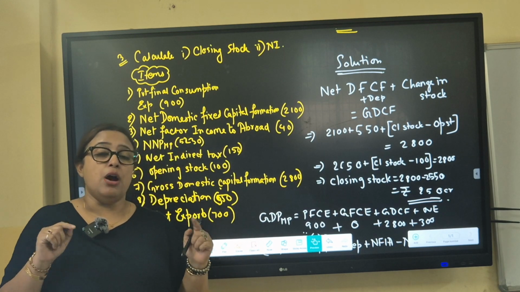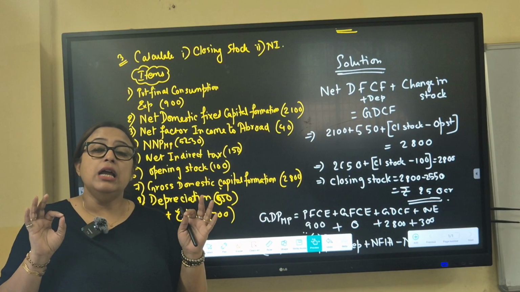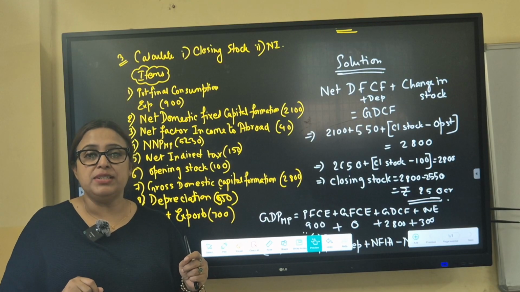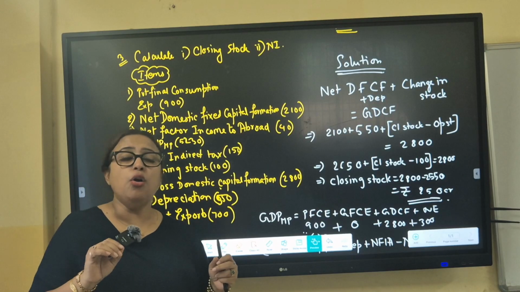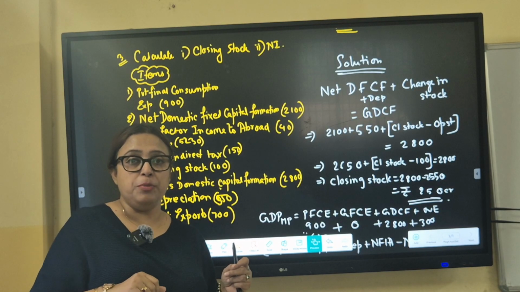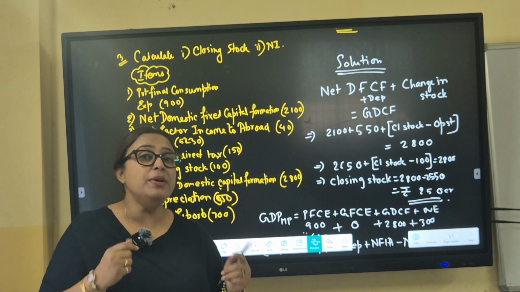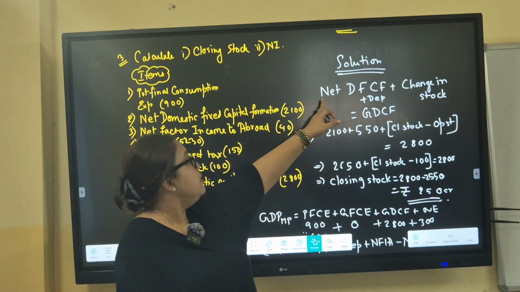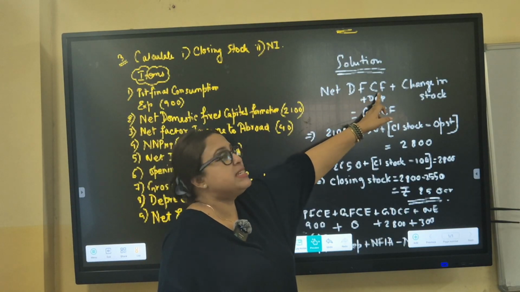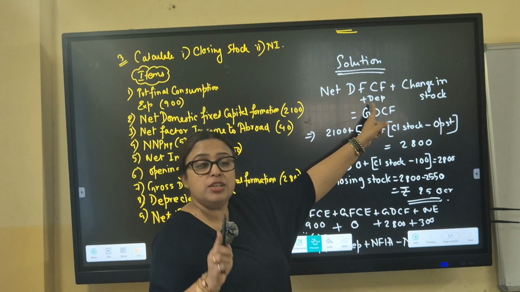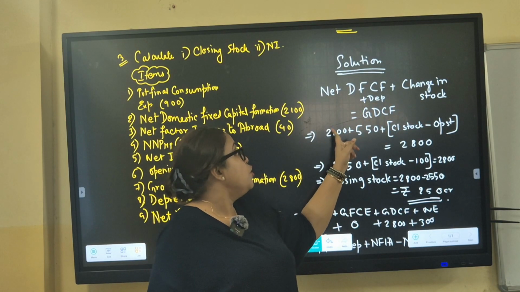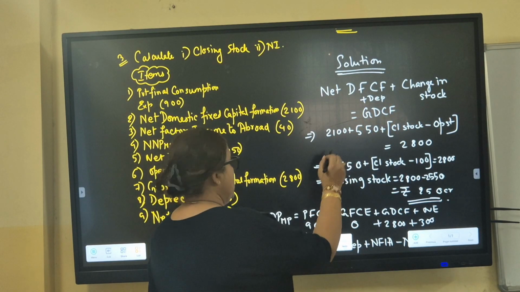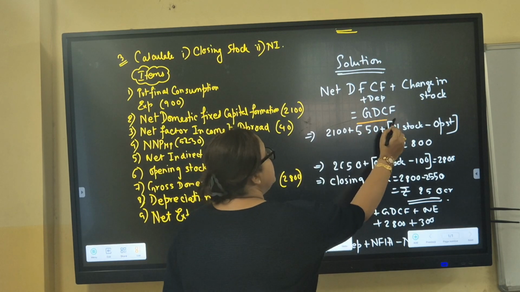Now, sometimes in place of gross domestic capital formation, net domestic capital formation or net domestic fixed capital formation is given. To make it gross domestic capital formation, we have to add depreciation to the net domestic capital formation to get gross, plus change in stock, which gives me gross domestic capital formation as shown here.